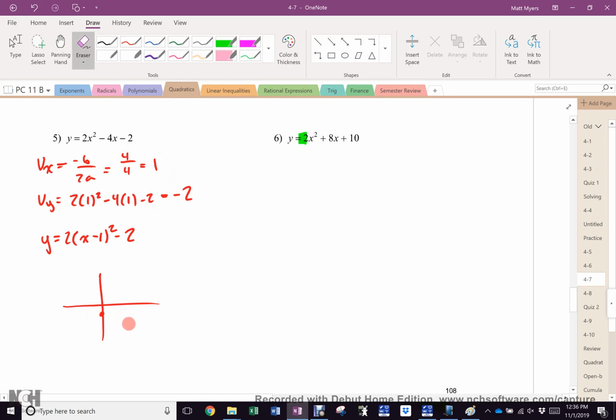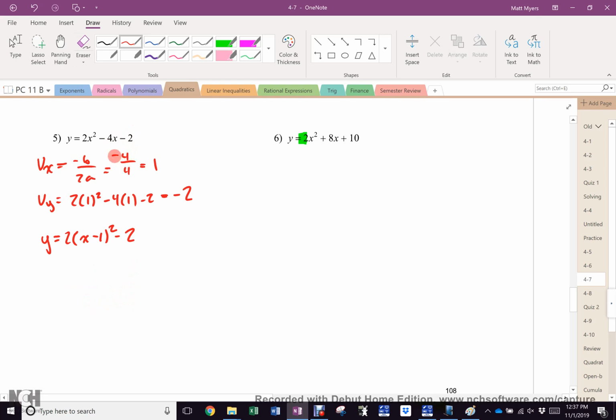I've still done something wrong. 2 times 2 is 4, minus 4 is 0, minus 2 is negative 2. So my y is 1, negative 2, my y-intercept. What am I doing wrong? Negative 4.